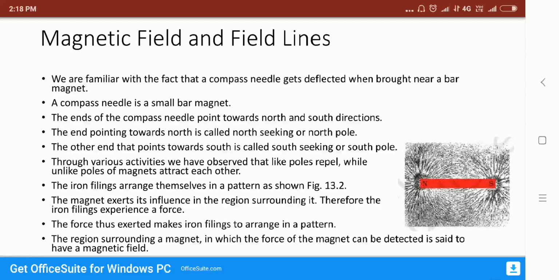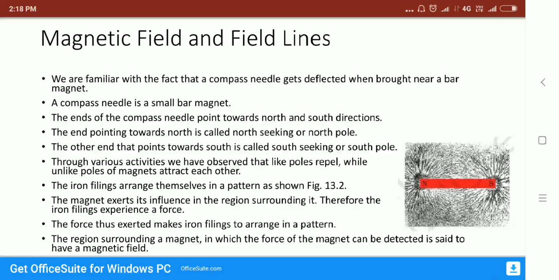While the needle is nearby, its north pole points towards the north pole of the magnet. That is known as the north seeking pole.